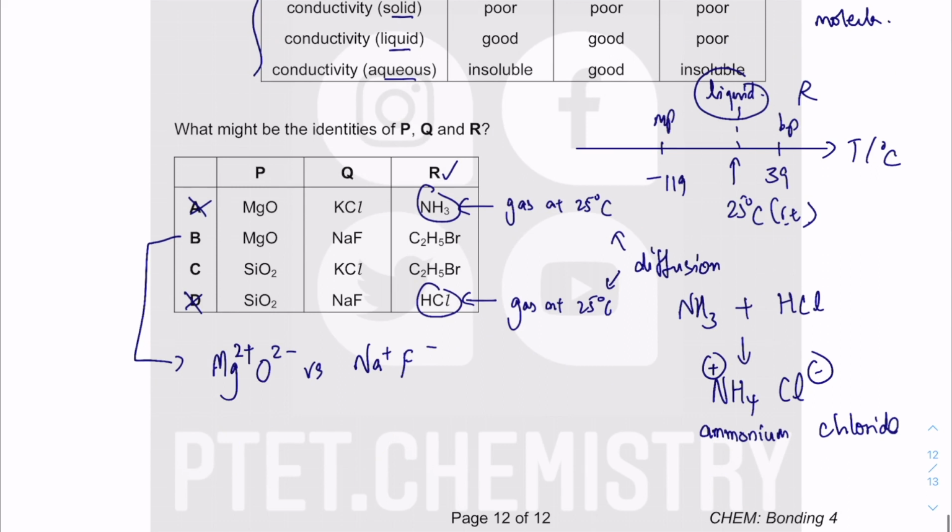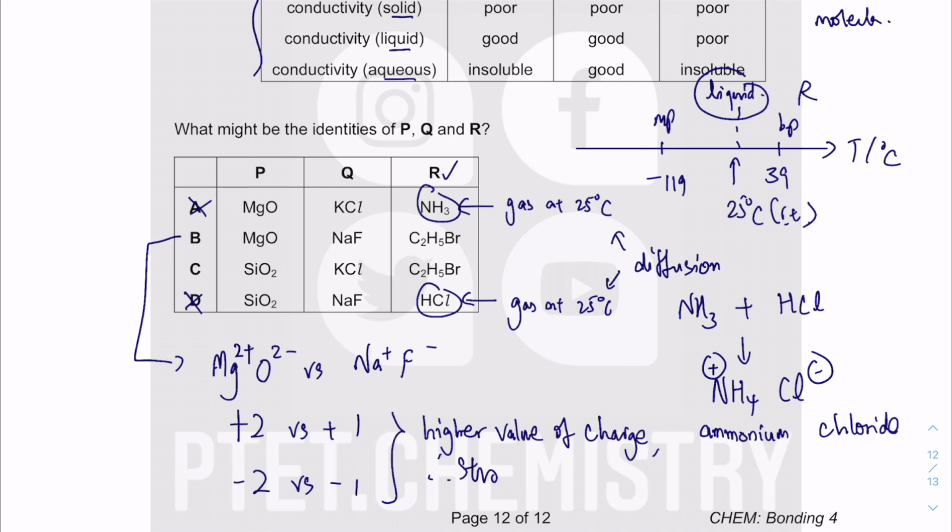This is exactly what I said in class. Plus 2 versus plus 1, minus 2 versus minus 1. Higher value of charge, so I'm looking at just the numerical value.